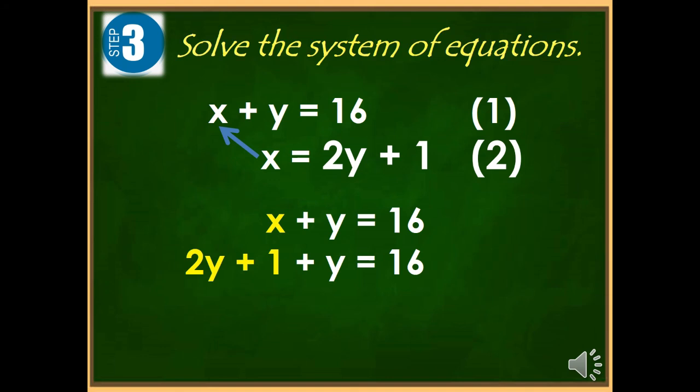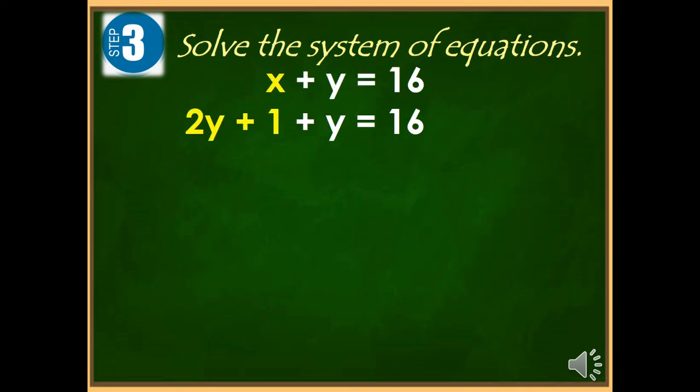Next, combine like terms. We have 2y and y to be combined since they are similar terms. Therefore, we have 2y plus y, copy plus 1 equals 16.